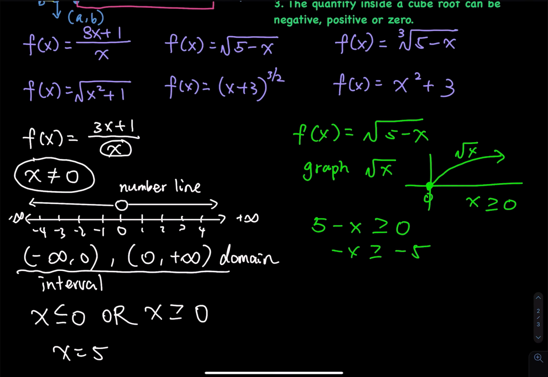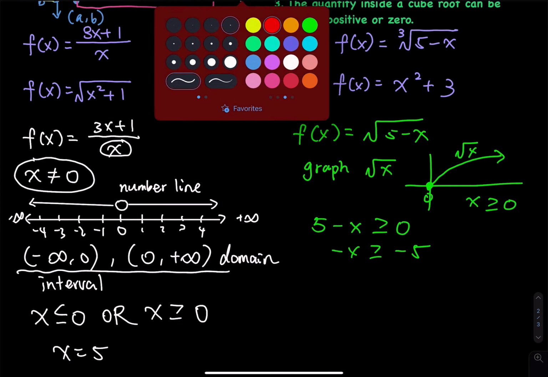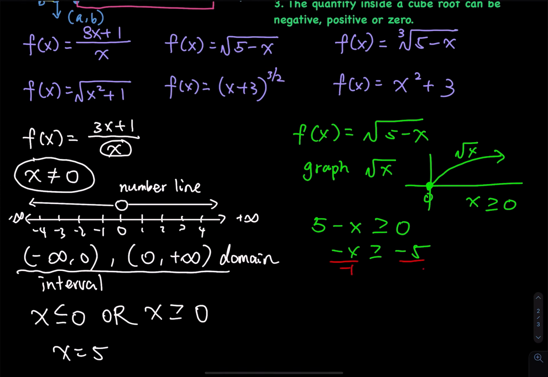The reason I give you a minus x is to review this. When you multiply or divide, write this down. When you multiply or divide both sides of an inequality by a negative, you have to reverse the direction of the inequality symbol. So I'm going to divide both sides by negative 1, or multiply both sides by negative 1. You have to reverse the inequality symbol.